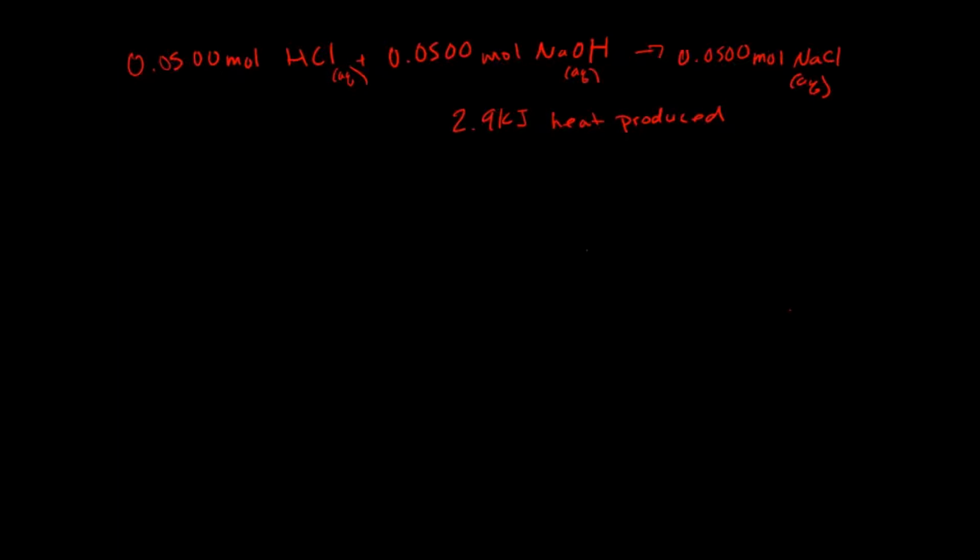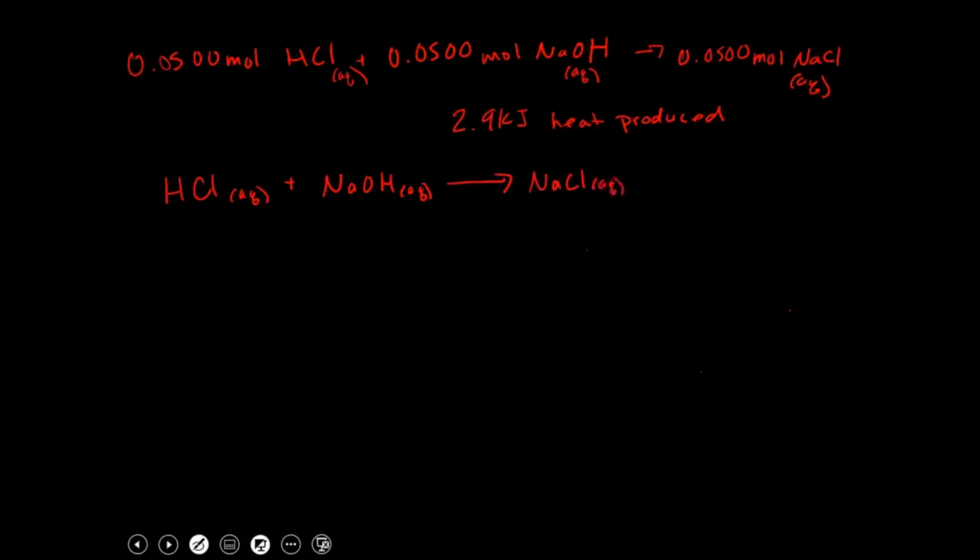So one thing we know is when we react a strong acid with a strong base, we make a salt and water. They didn't specify water here, but we know that's a product.